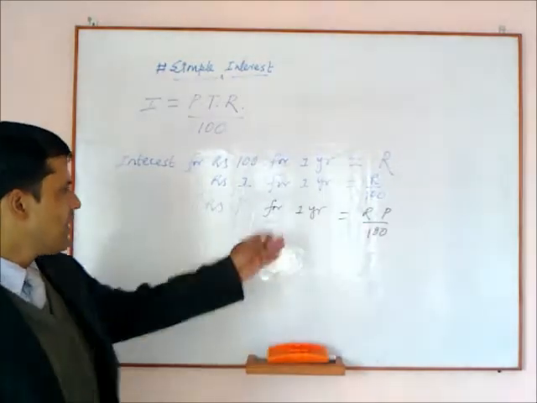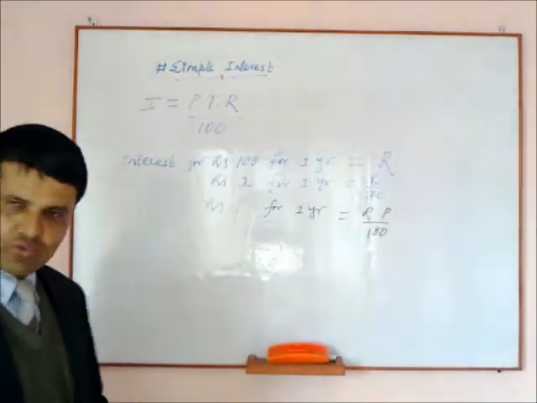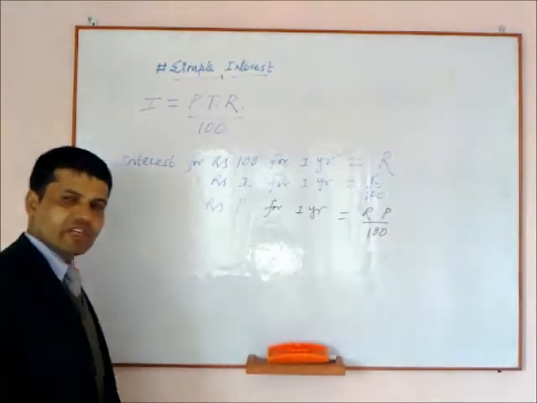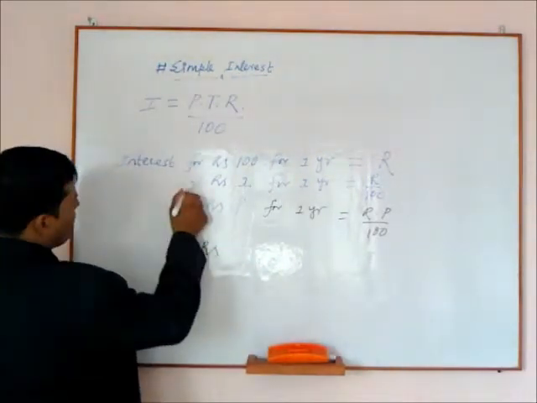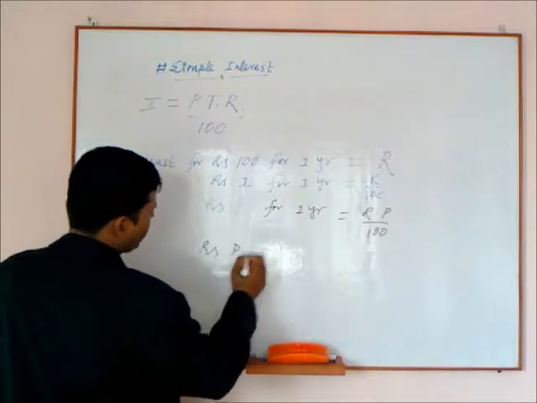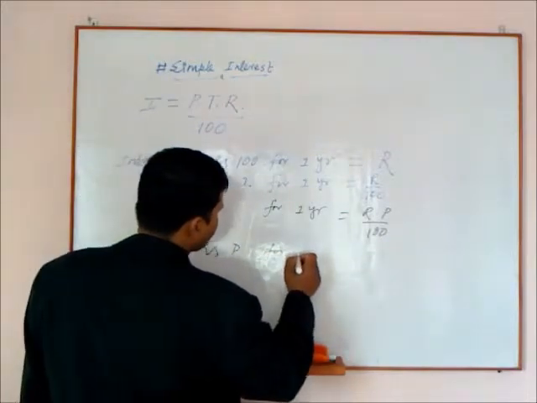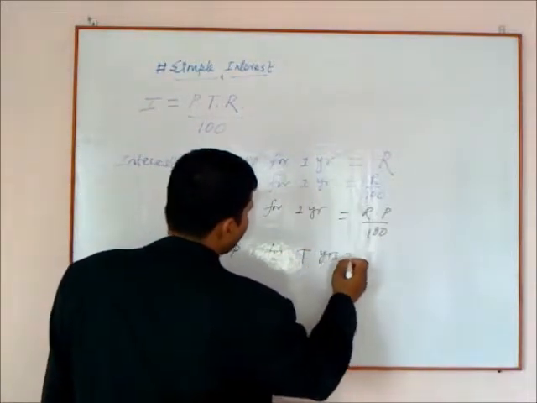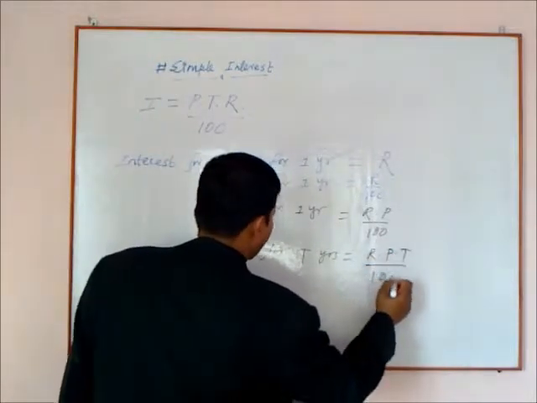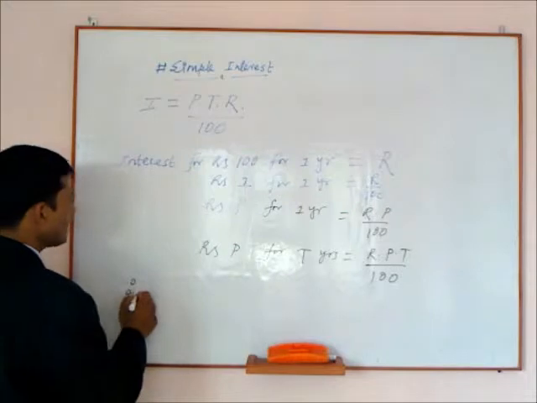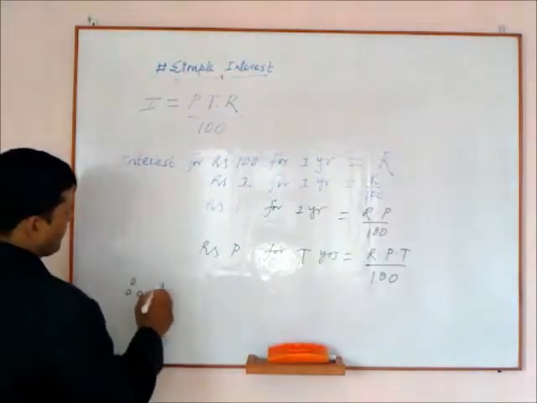Again, the time may not be 1 year every time. So the time may be T years, any number of years. So interest for rupees P for T years equals R times P times T divided by 100. Therefore, this is the formula.